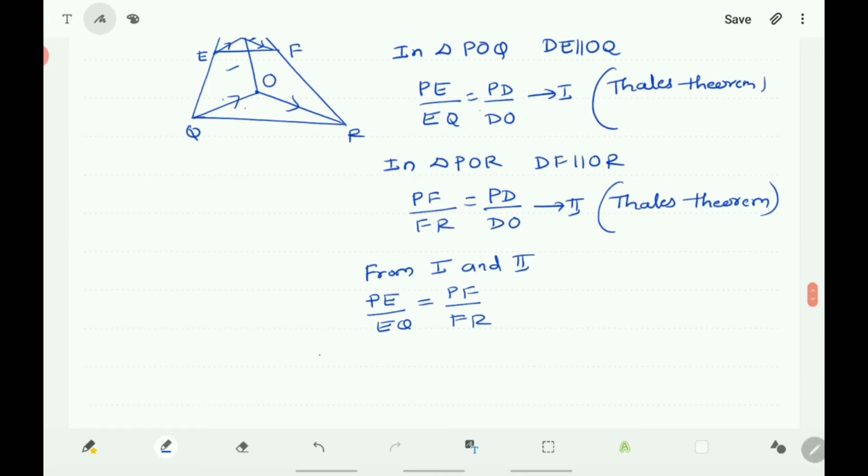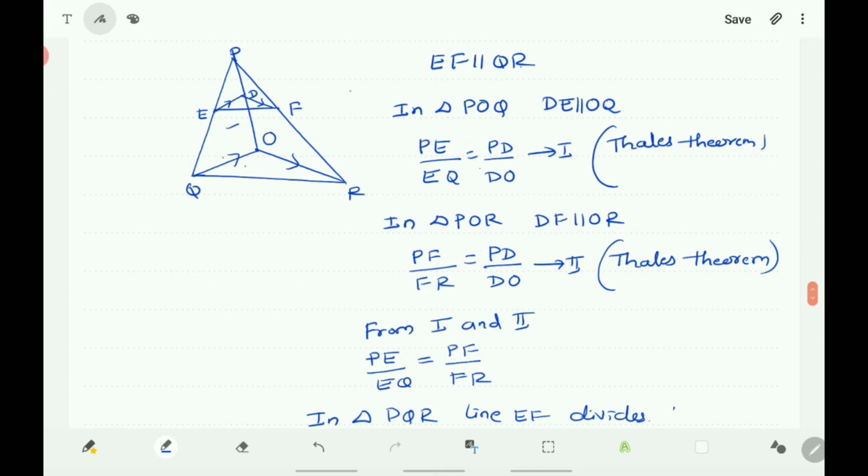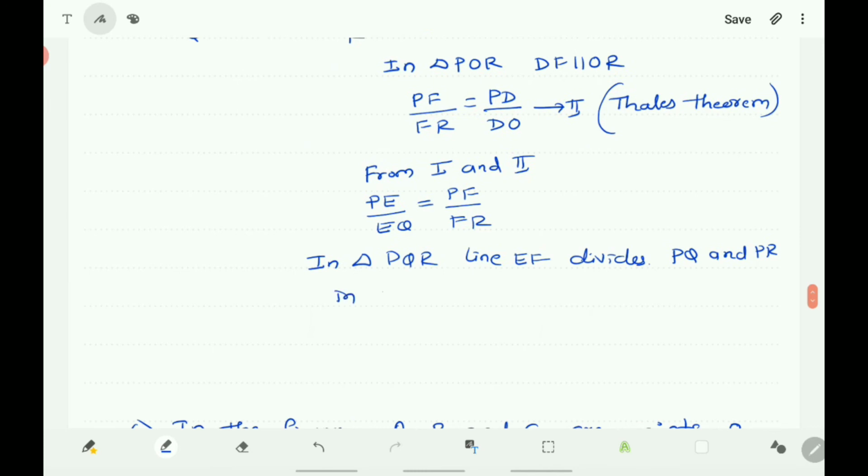It means in triangle PQR, line EF divides PQ and PR in the same ratio. You got it.